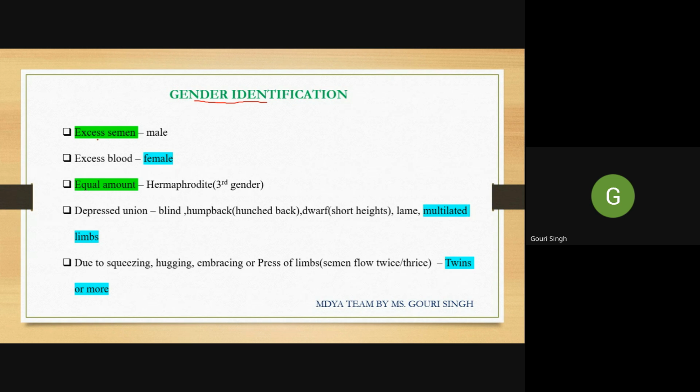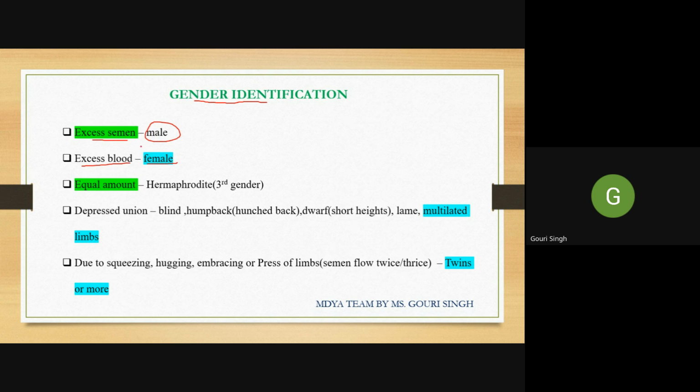If excess semen comes from the male, then it will be a male child. If excess blood comes from the female, then that will be a female child, according to this text.